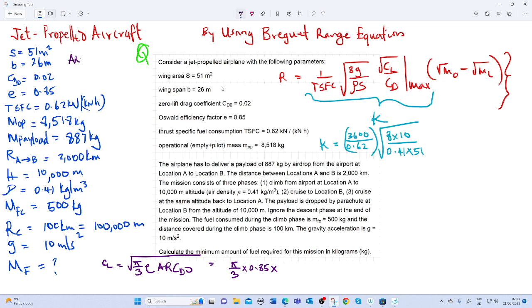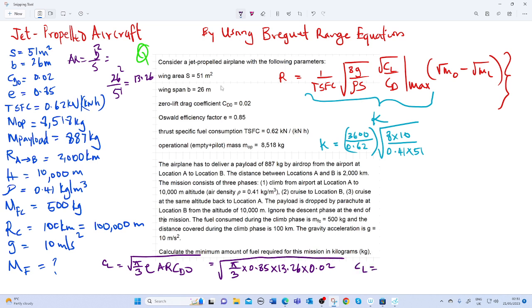Our aspect ratio equals b squared over S, which is 26 squared over 51. That gives us 13.26. So we have 13.26 multiplied by our CD0, 0.02.